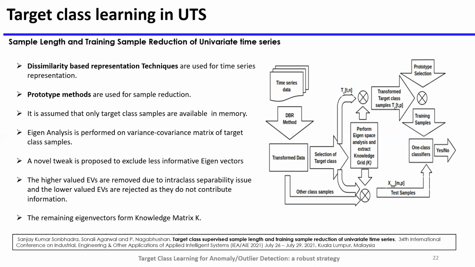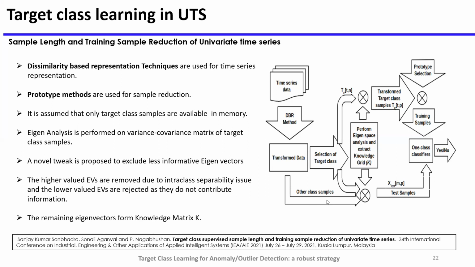At the same time, the objective of this work was to show that we can do concurrent sample reduction and feature reduction on a given set of time series data to learn the temporal nature of the data.